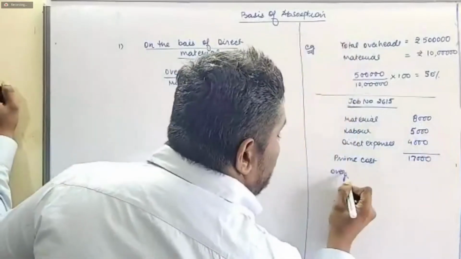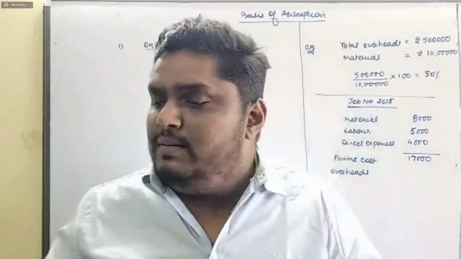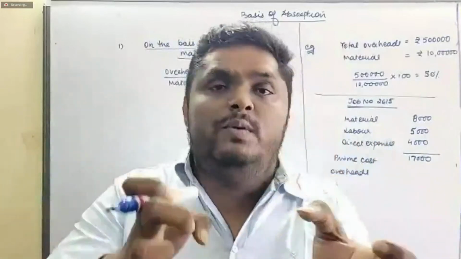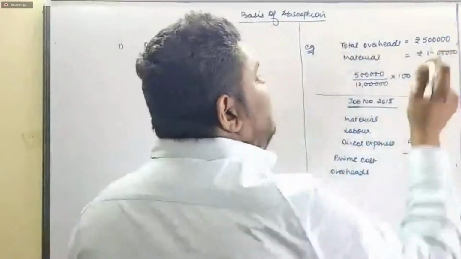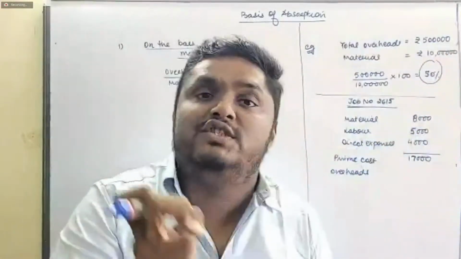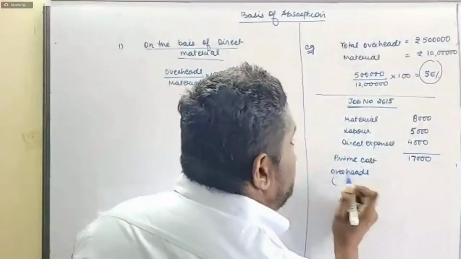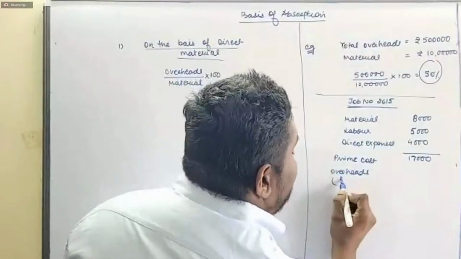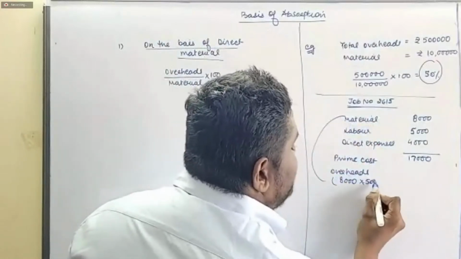Now when talking about overheads, it is clearly mentioned in the question that overheads are to be absorbed on the basis of direct material, and here the overheads are 50% of direct material. So we can easily calculate the overheads charged to this job: material 8,000 into 50%.